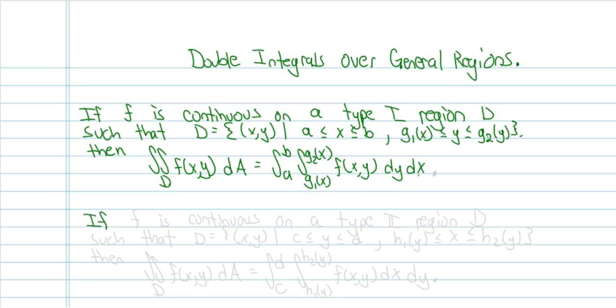The second type of integral that we look at is known as your type 2 integral, and a type 2 integral depends on the heights being horizontal heights.